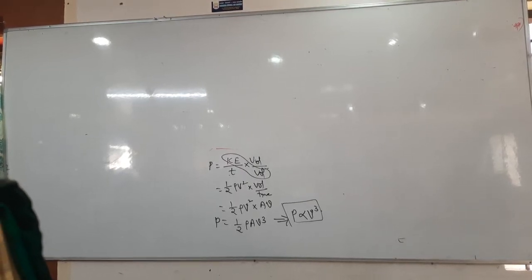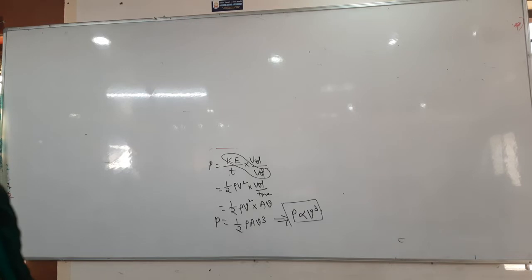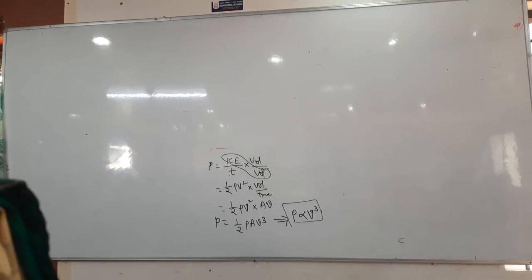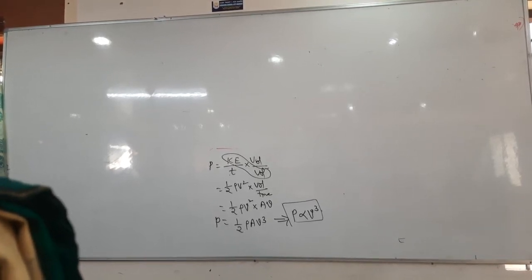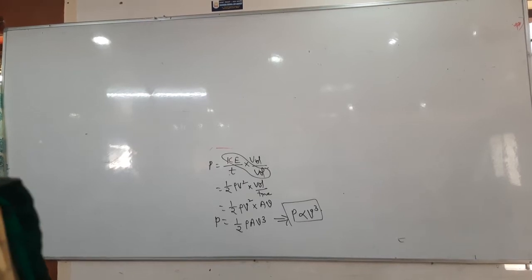and that at point B is 20 millimeter square. The points A and B are in the same horizontal plane.